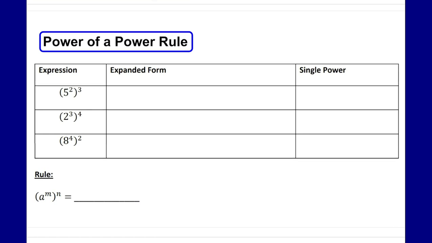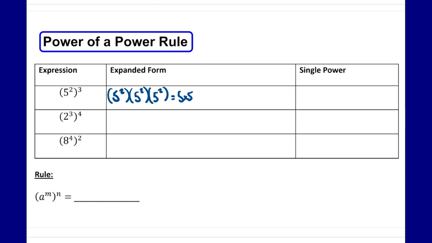What that means is I have 5 to the power of 2, 3 times. So I have 5 to the power of 2 times 5 to the power of 2 times 5 to the power of 2. If I want to expand that, 5 to the power of 2 means 5 times 5.